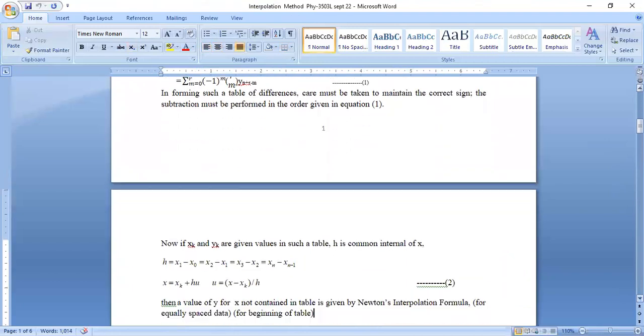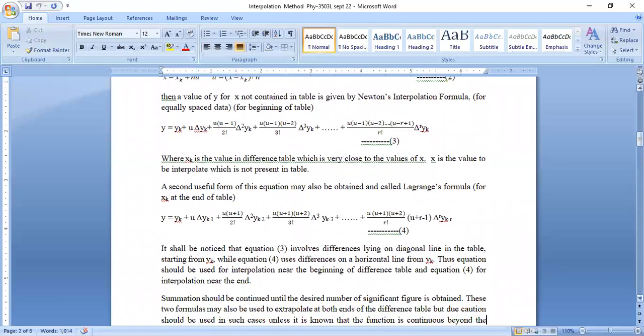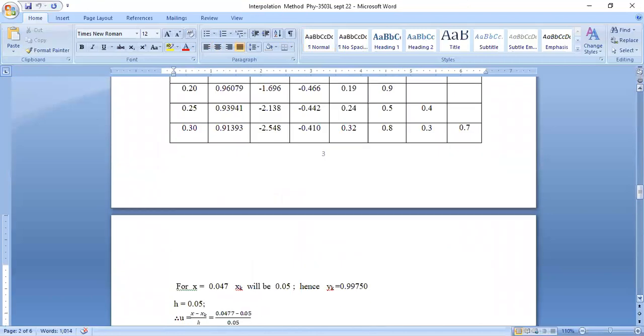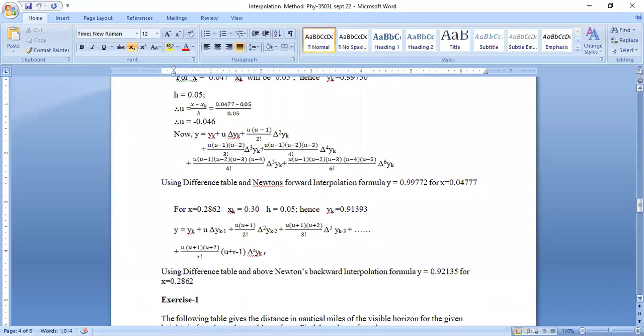And once you use this backward interpolation formula, once again you see I have calculated this backward interpolation formula, and you can see this formula, and I use the difference table and backward interpolation. I find y, the value of y I got is 0.92135 for x equal to 0.2862.